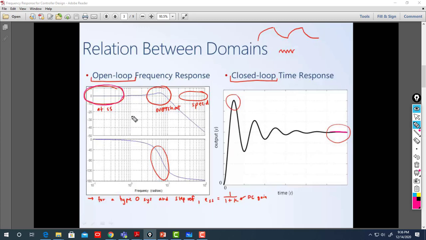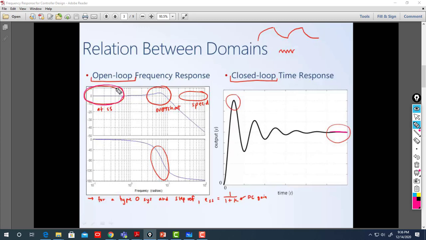To know which type of controller we need to design, you need to be able to link between time response and frequency response. Assuming the plant behavior, I can know which type of controller I need to add. For example, maybe a simple gain could be fine because I can increase the gain and therefore reduce the steady state error.